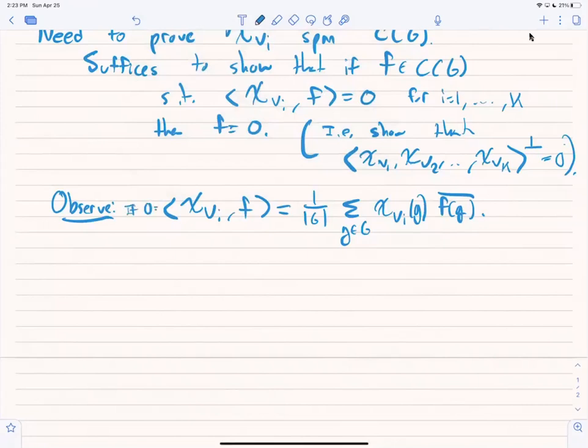If this is equal to 0, then we can basically ignore the factor 1 over |G|, so I'll multiply that away. Then 0 is also equal to the sum over g in G of chi v_i of g times f of g bar. I'm just going to swap the order of these terms.